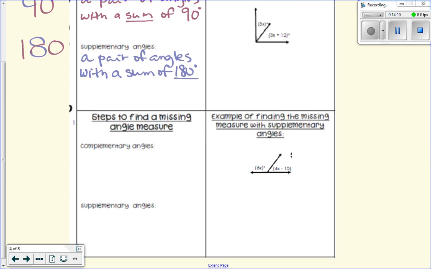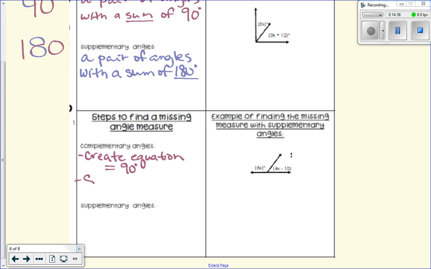All right, so here's some steps to find both complementary and supplementary angles. They're pretty much the same steps. You're going to create an equation that equals 90 degrees.